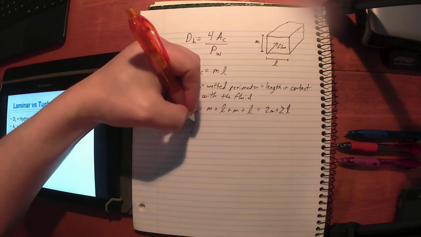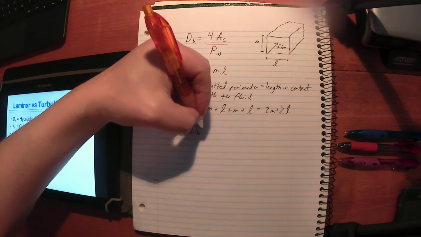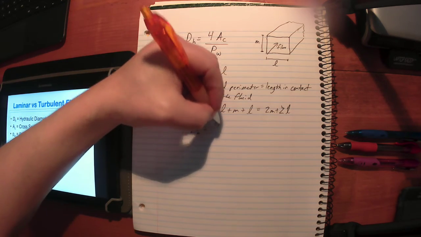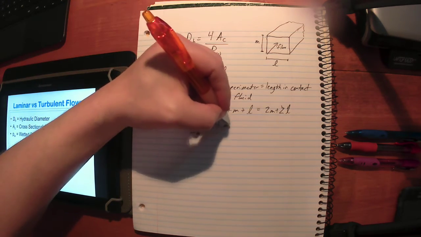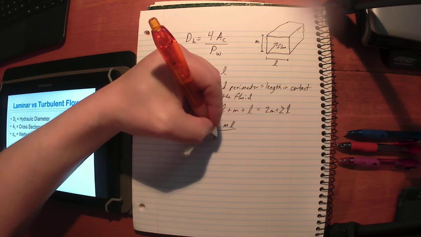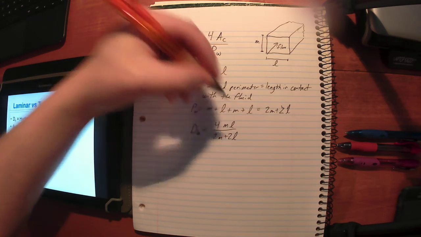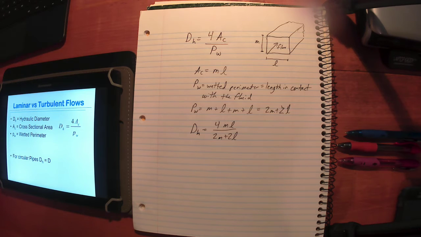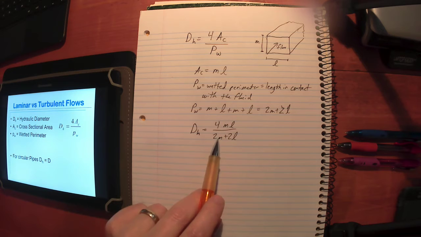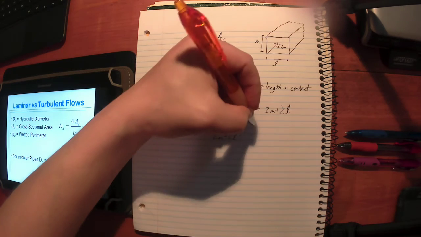So that means the hydraulic diameter is going to be 4ML divided by 2M plus 2L. Okay? That's for any rectangular conduit. Notice if M and L are the same quantity, right?